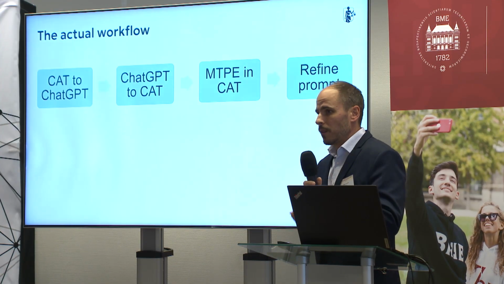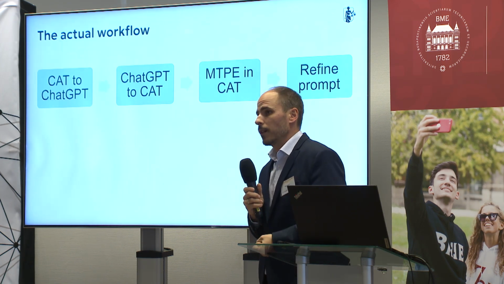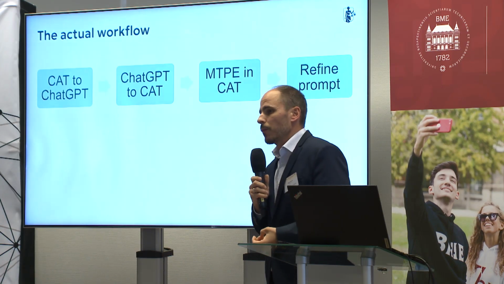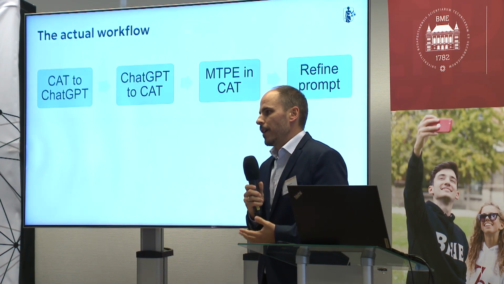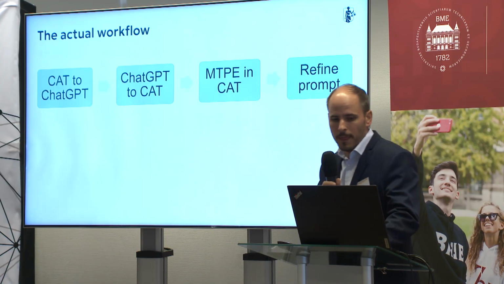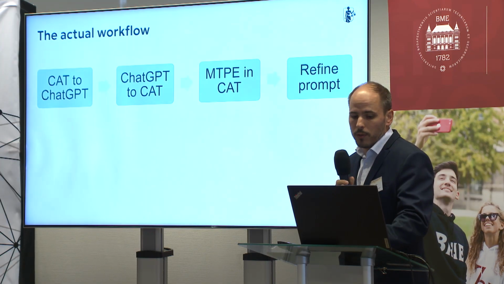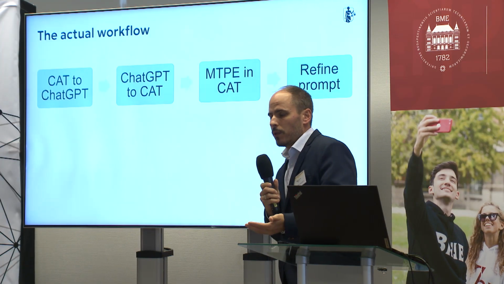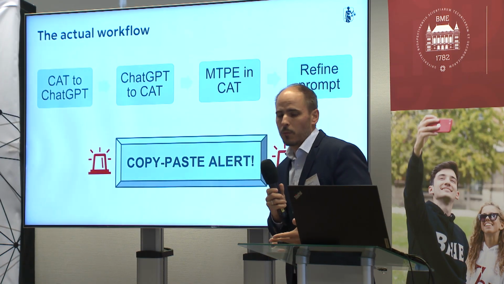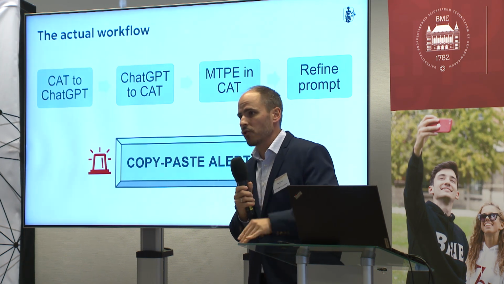And then do the MTPE, and you will immediately find that, in terms of quality, at least, because it's much slower, of course, than the automated alternative, it's way more reliable, coherent, and consistent. And then, when you've done the post-editing, you can refine your prompt with your insights. Yes, that's heavy copy-pasting, but a decent translator already has copy-paste shaped fingers.